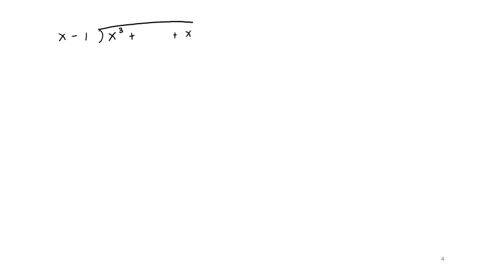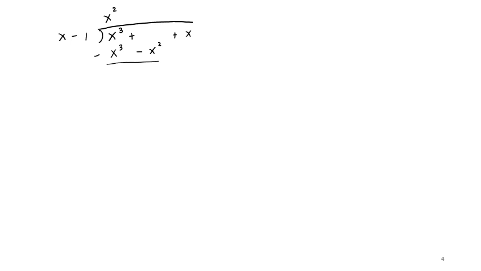So x to the power of 3, you shall get x squared here. So x squared times x, you get x cubed. Then x squared times minus 1, you get minus x squared. Then you want to subtract everything here.